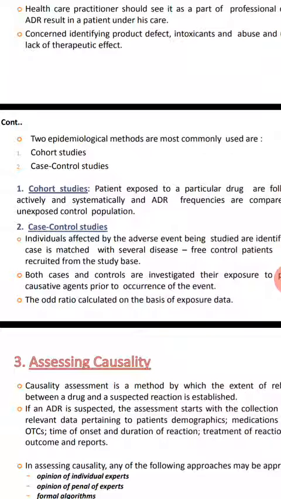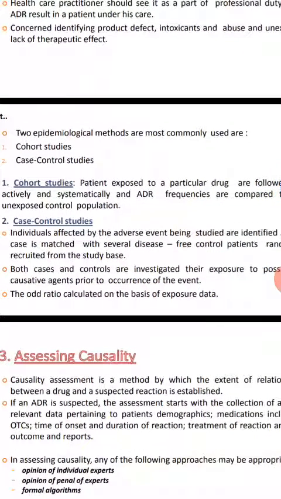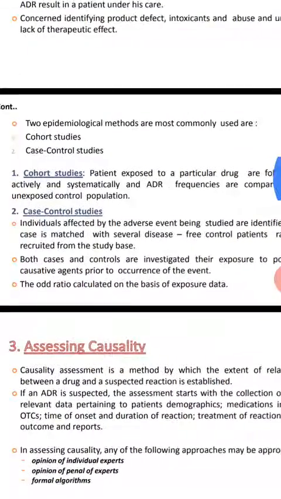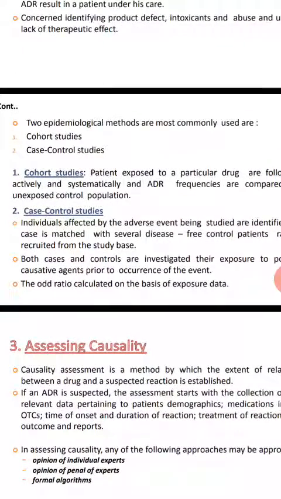Okay, what is meant by cohort studies? Those who are having similar characteristics. For example, one drug is released into the market. Whatever patients are taking that particular medication are going to be one cohort.